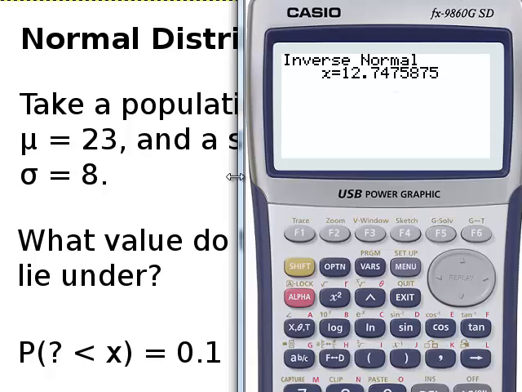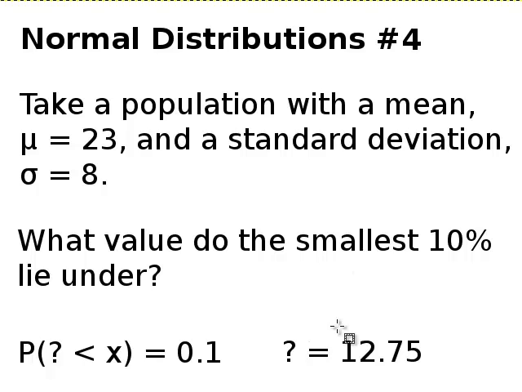So that is the value below which 10% of this population lies. It is 1 and a bit standard deviations from the mean, as we expect, and that's a number, not a probability. We'll try again.